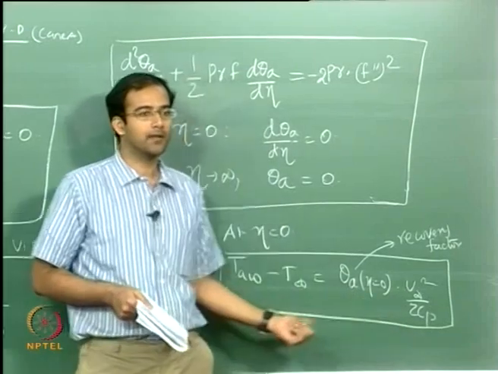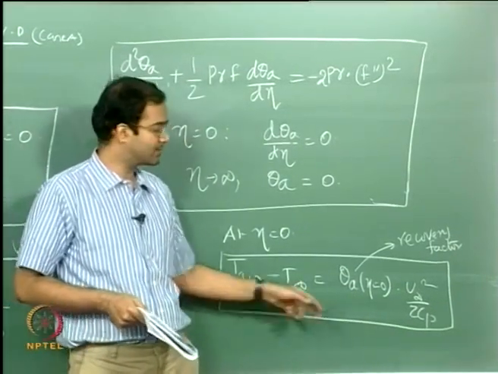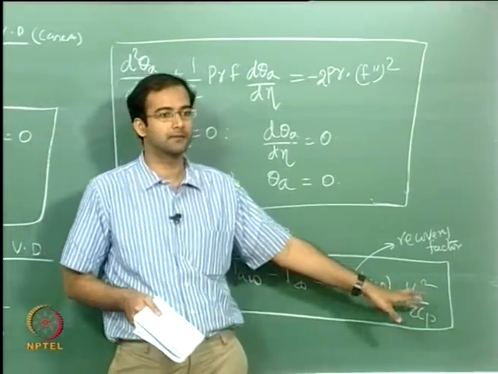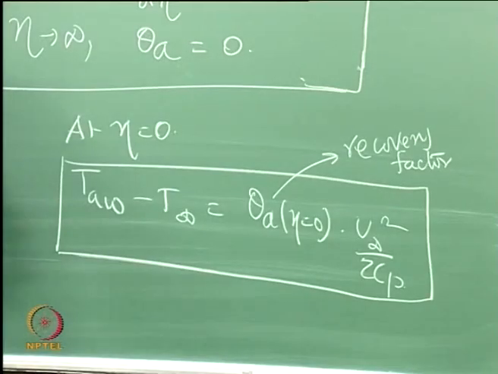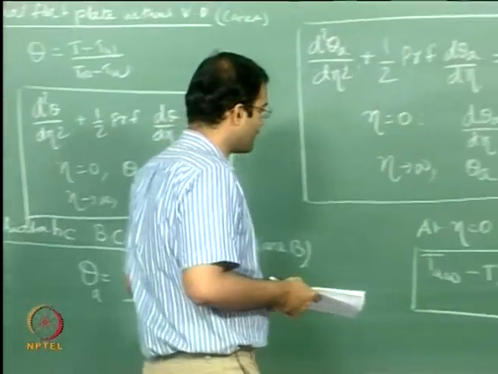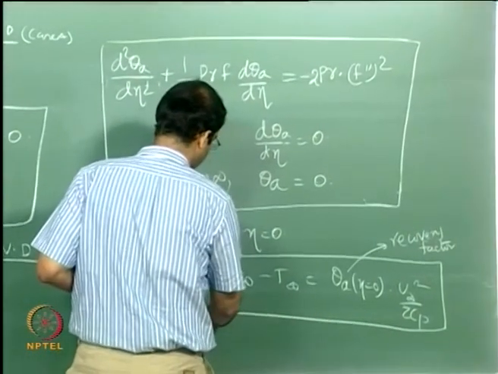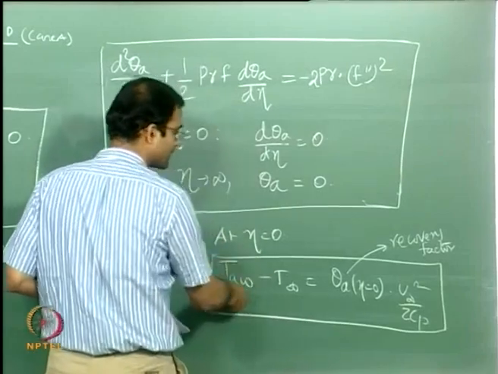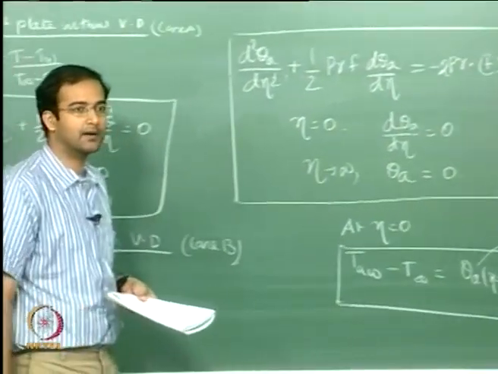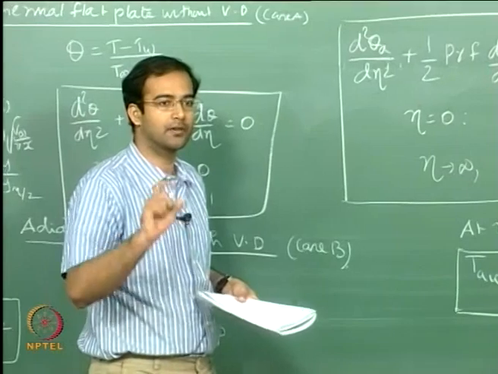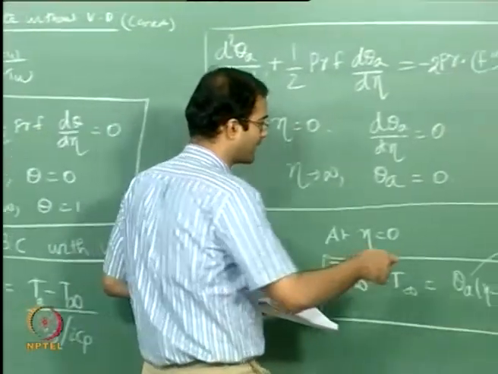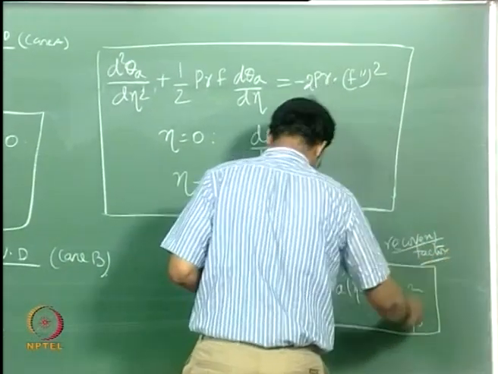Now T adiabatic wall is T infinity plus some factor times this. So it is not equal to 1, but less than 1. That factor is called the recovery factor. Therefore you can imagine that this is something similar to the stagnation temperature that you have defined, but maybe with a different factor. So that factor comes through this recovery factor here.